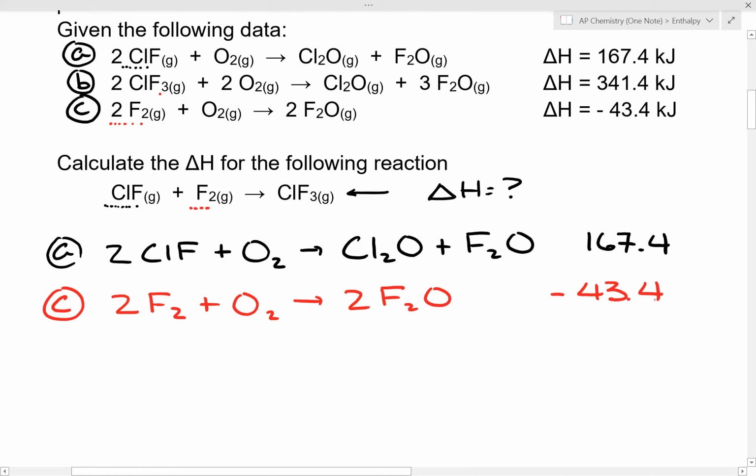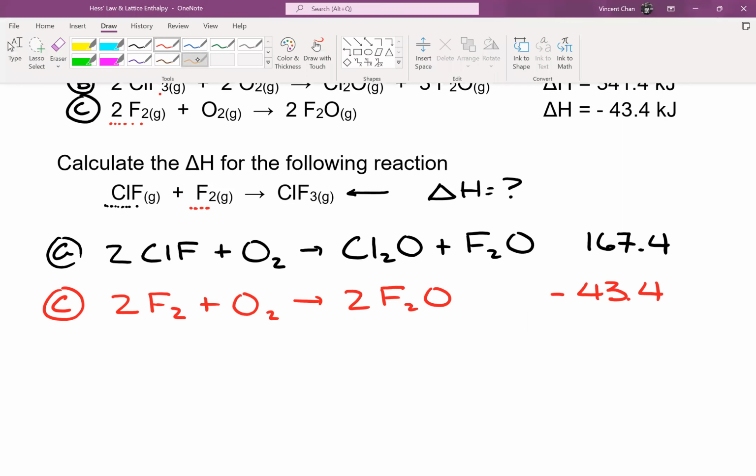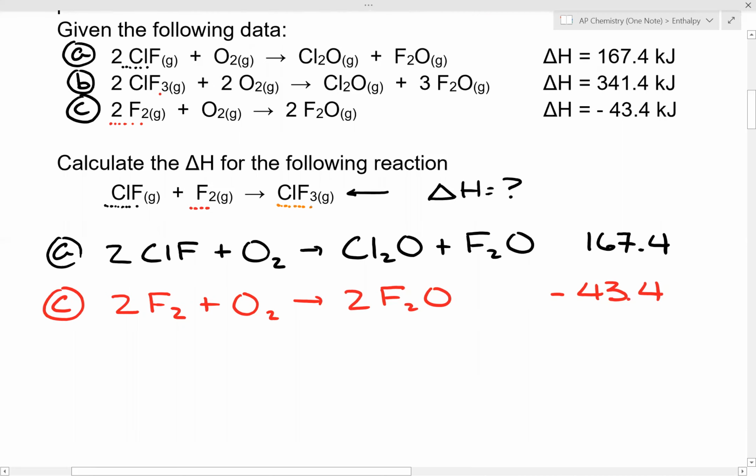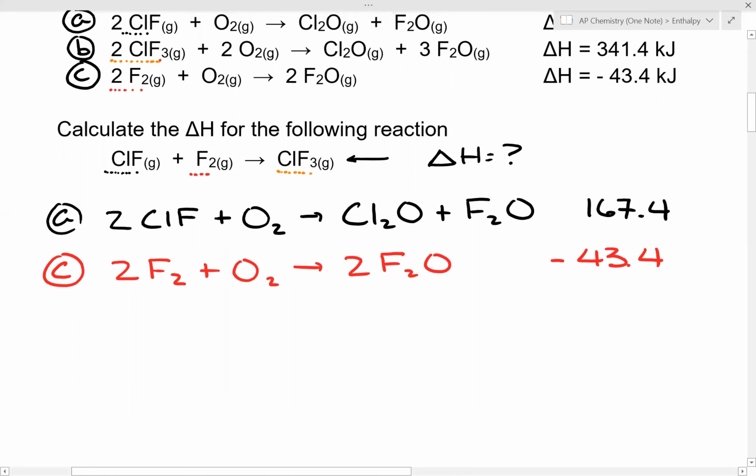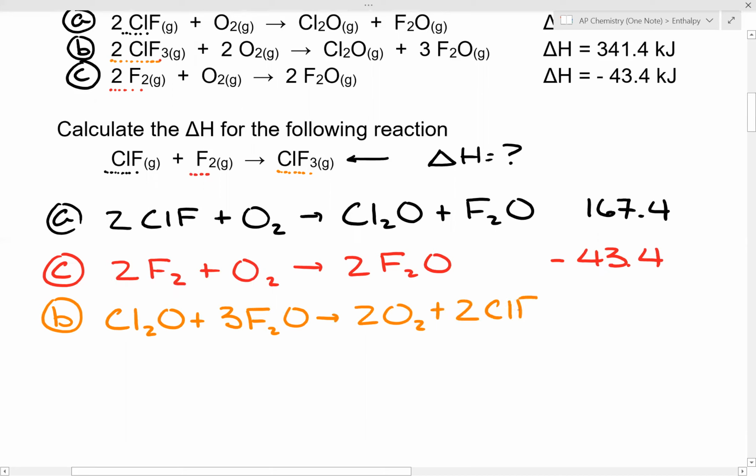Now, the third one: if we look at our products, notice we have ClF3 in our products, and we have ClF3 in our equation B. So in this case, we have to flip equation B. If I flip it, I have Cl2O and 3F2O gives me 2O2 and 2ClF3.